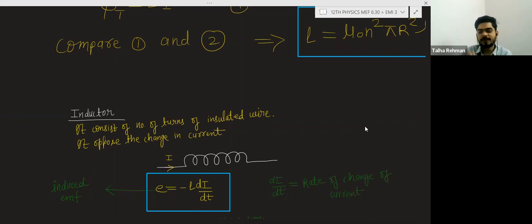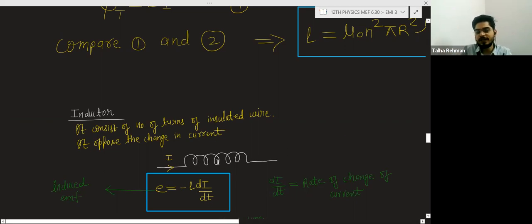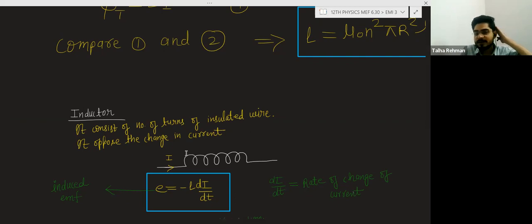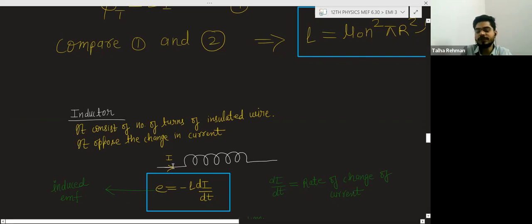So basically, an inductor consists of a number of turns of insulated wire, and it opposes the change in the current. Suppose the current is increasing, then this inductor will oppose that increasing current, inducing a current in the opposite direction of the increasing current.